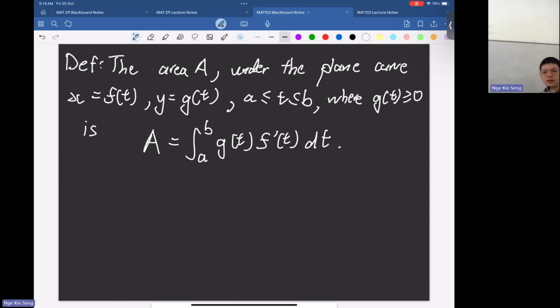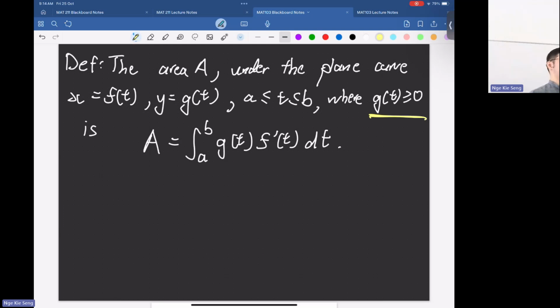Like what I asked you to do, you should be able to draw. I think almost everything in this course you can draw. There's a special condition you need to take note of. You see that g(t) is greater or equal to 0. Meaning what?